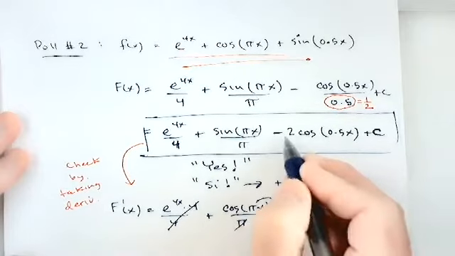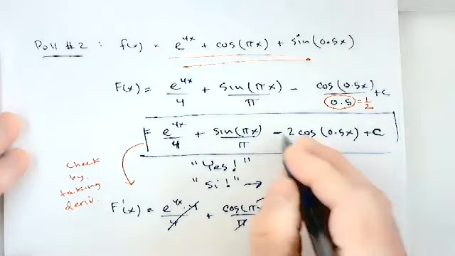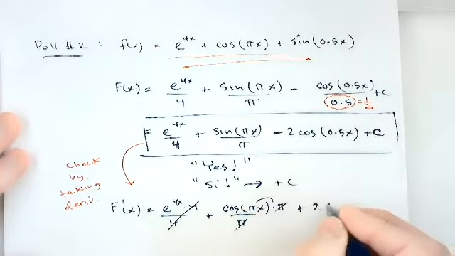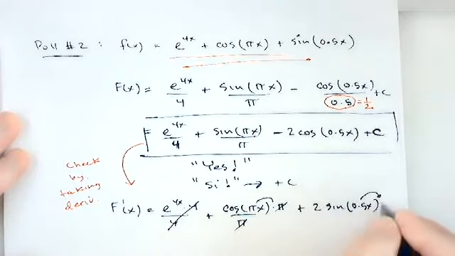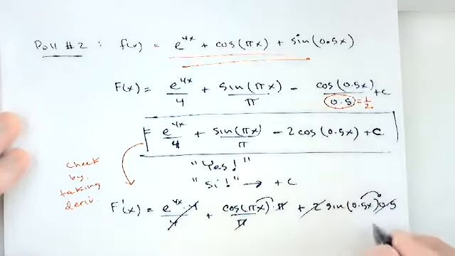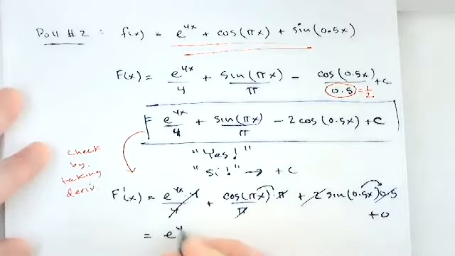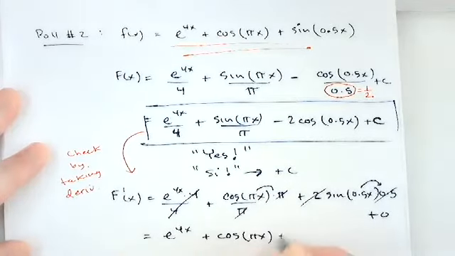And the derivative of -2 cosine of 0.5x is, remember the derivative of cosine is negative sine, so this is going to be +2 sine of 0.5x times 0.5, and the 2 and the 0.5 would cancel, and then of course the derivative of a constant would be 0, and what's left over is exactly what we started with, e to the 4x plus cosine of pi x plus sine of 0.5x.